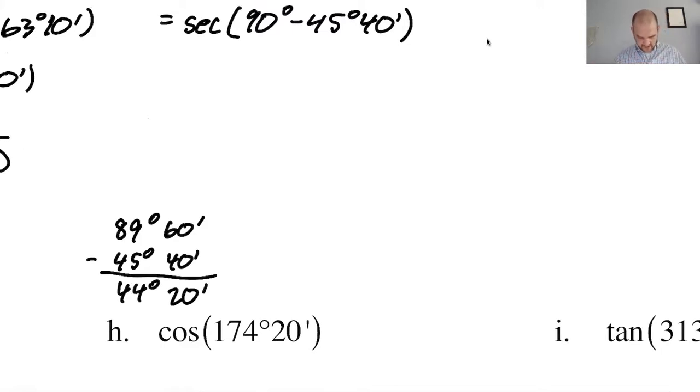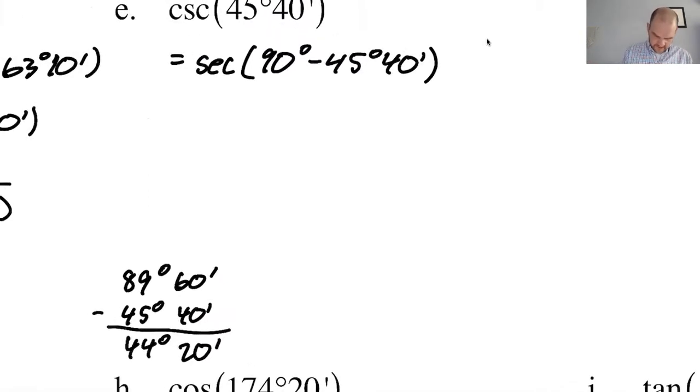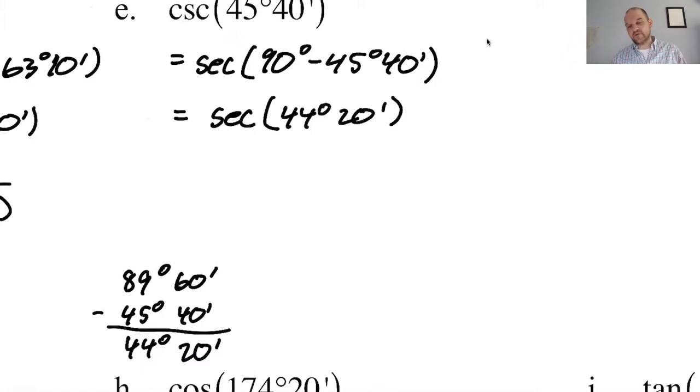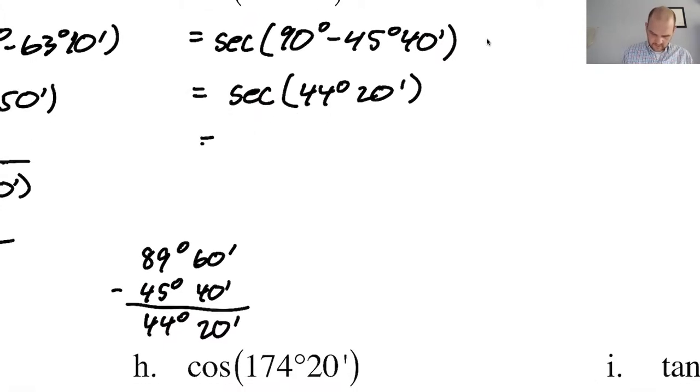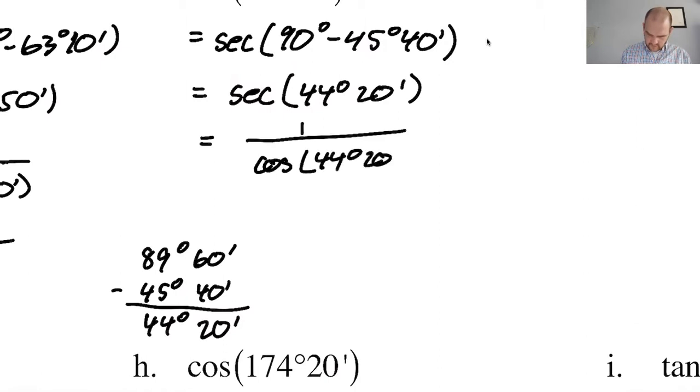So add those up, you get 89 and 60. Good. So this is the secant of 44°20'. But secant is 1 over cosine, so that'll be 1 over the cosine of 44°20'.